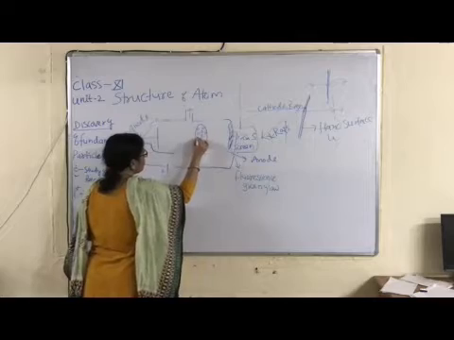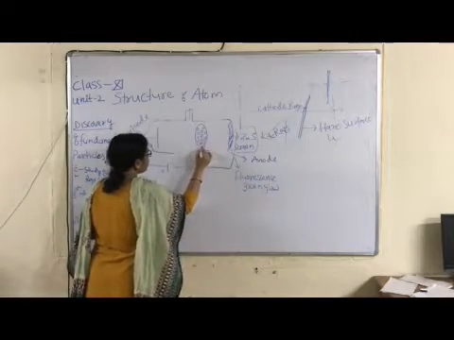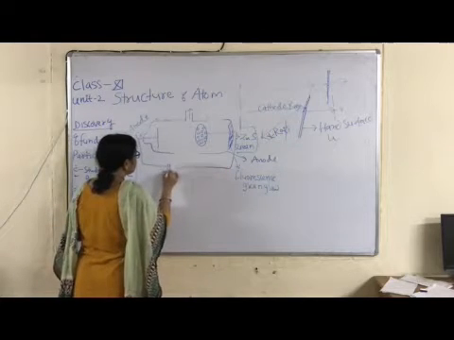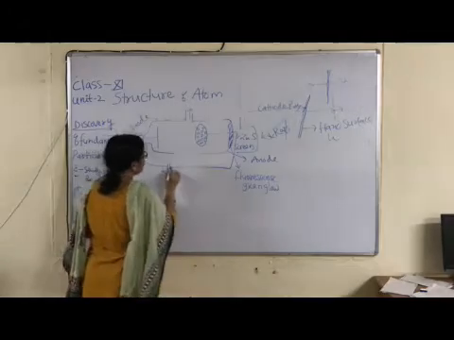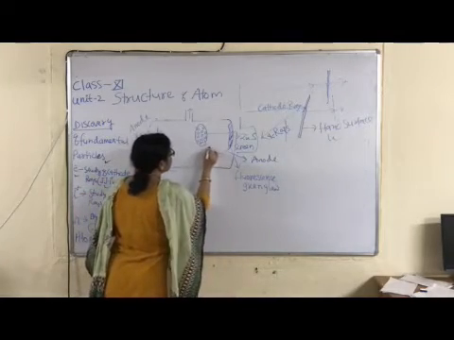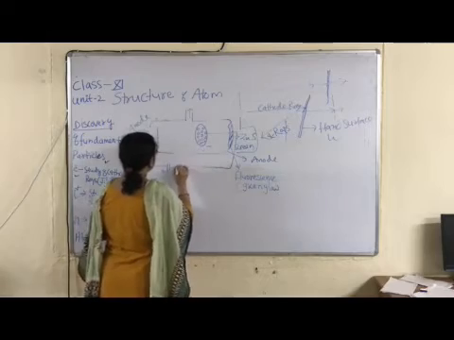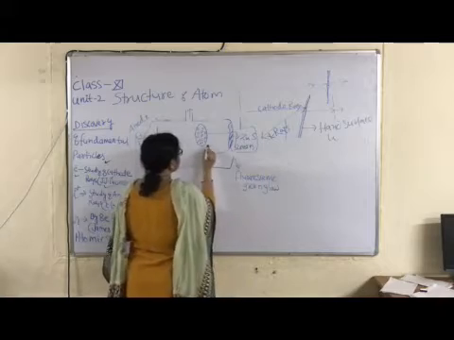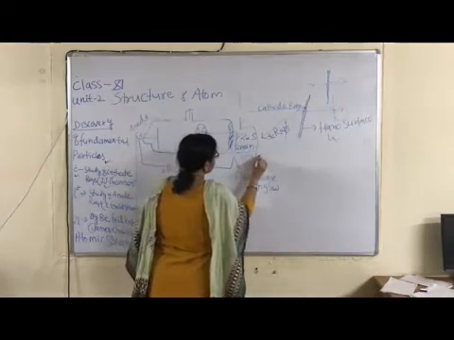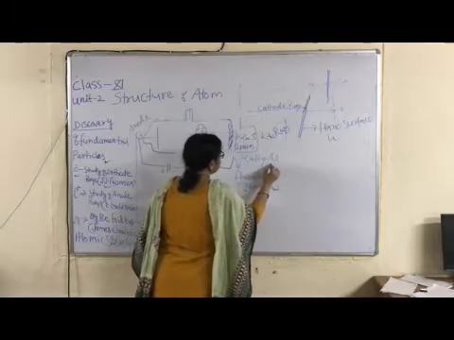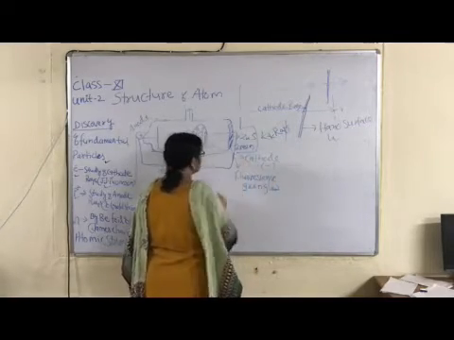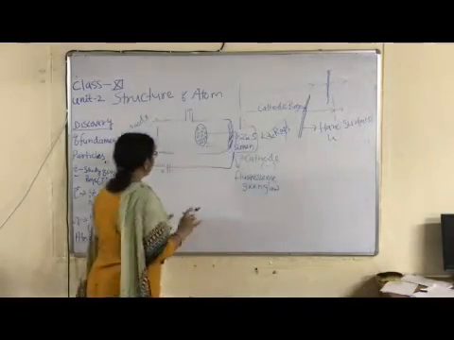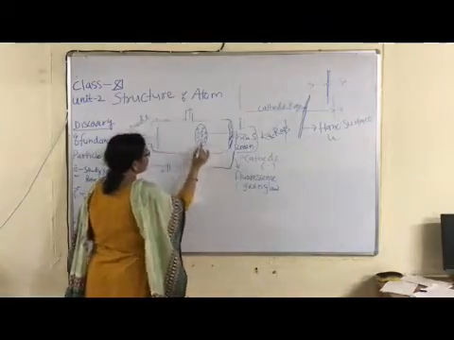So this electrode is known as the perforated cathode, connected with the negative plate of the battery, which acts as the cathode, right? The same conditions are required for this study of anode rays. Only a slight modification is done in this discharge tube, which is the perforated cathode.